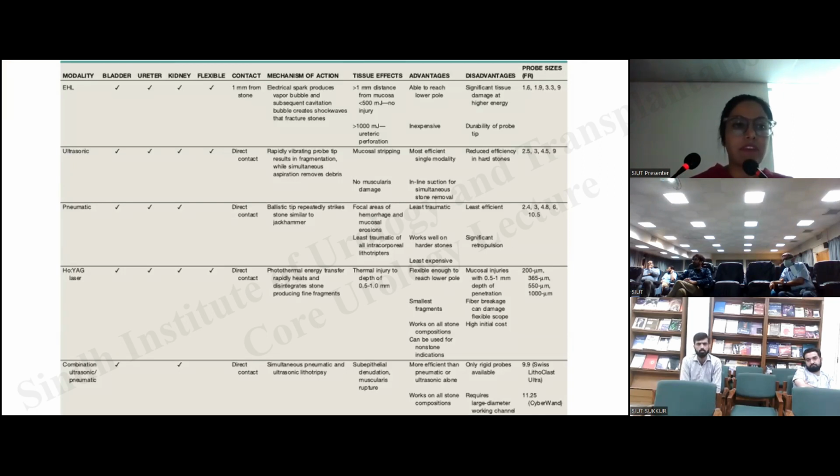First, what do you mean by intracorporeal lithotripsy? Give an example. Like ESWL is a type of intracorporeal lithotripsy?